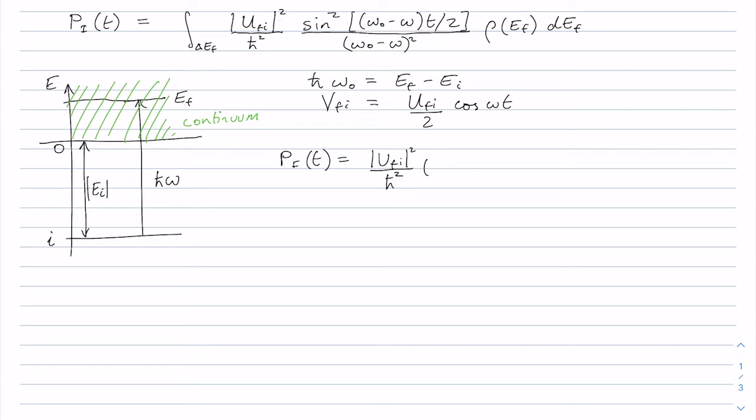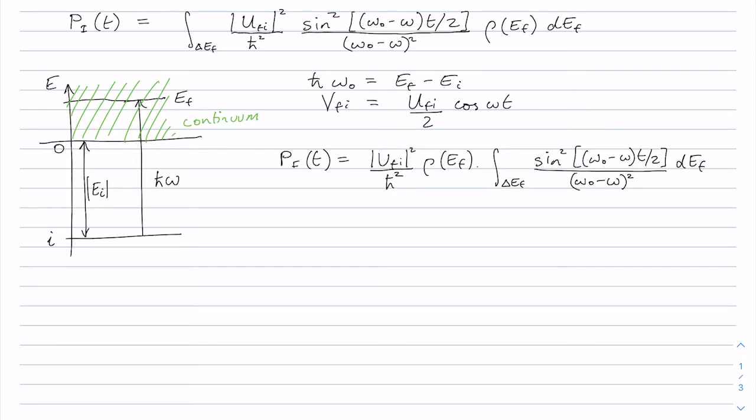And similarly, the density of states doesn't change too much. And so now we're left with this integral, little range delta E_F, sine squared, and in that integral, the E_F is hidden inside the omega naught.